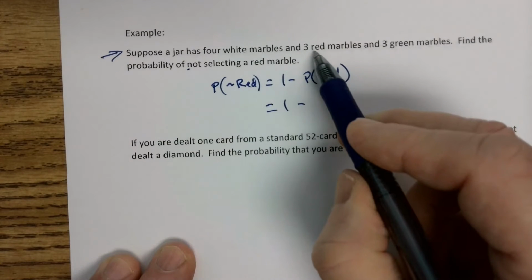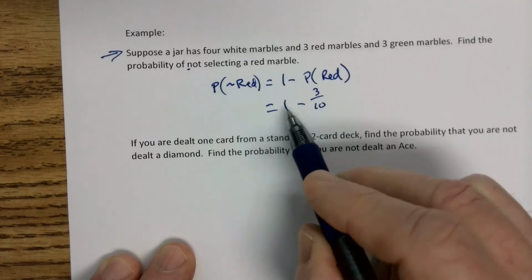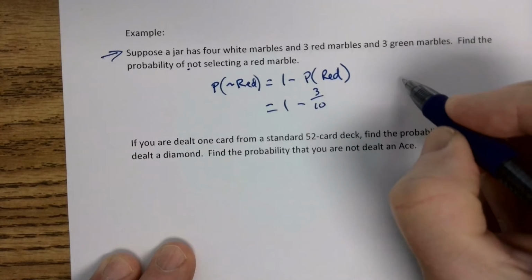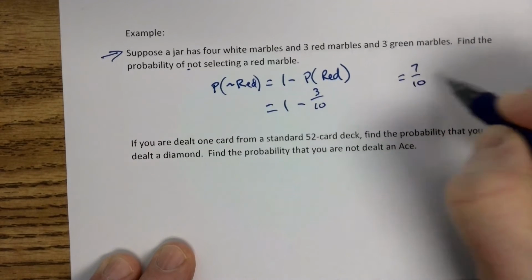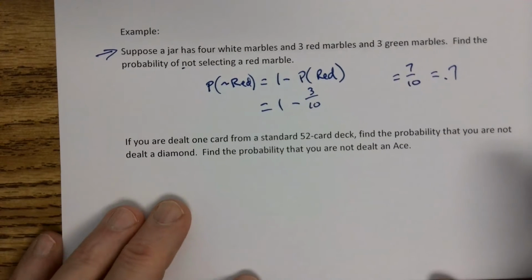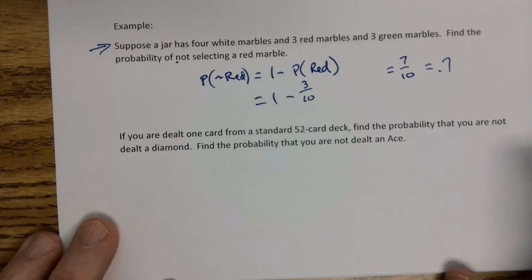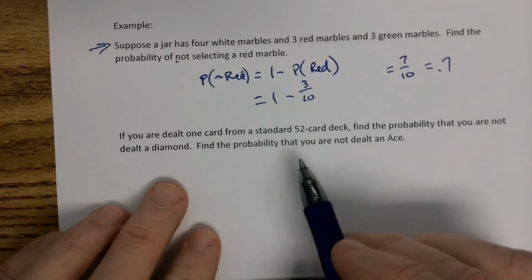There are 3 out of 10, so 1 minus 3 out of 10 would be 7 out of 10. Or if they want decimal, 0.7. I think most people have very little problems with this. If you do, let me know. We'll work through some problems together.